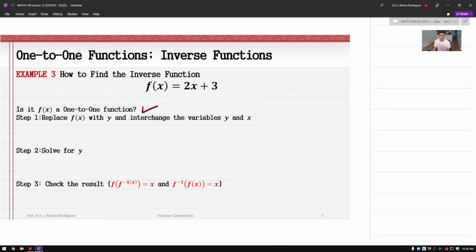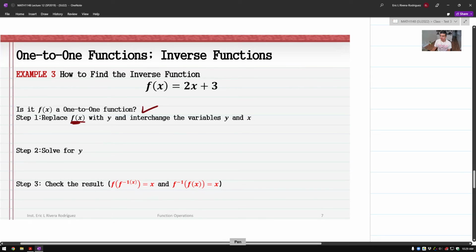Yes, it is. The one that I'm going to give you, I'm going to be very specific. This is a 1-to-1 function. Now find the inverse function. Step number 1, replace f with y.